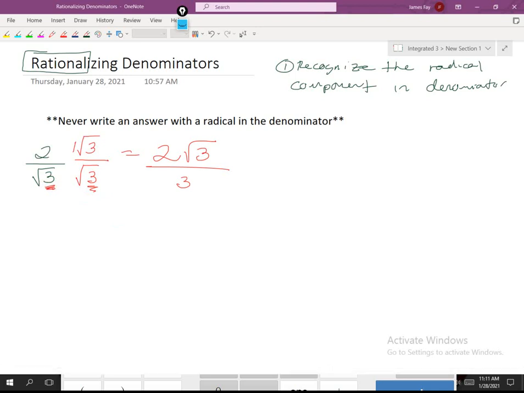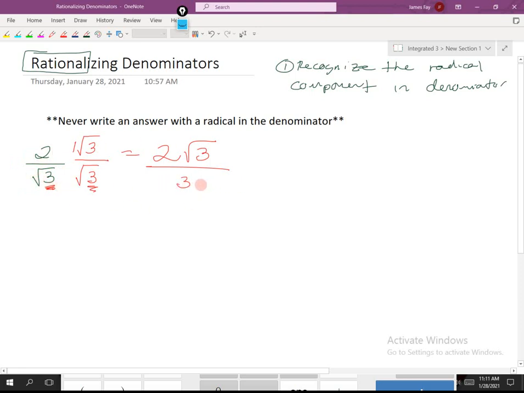And now look at my denominator. What kind of number is 3? It is prime, but is it irrational or rational? It's rational. It terminates, and it can be written as a fraction. So now we've removed this irrational number from the denominator, and it's become rational.